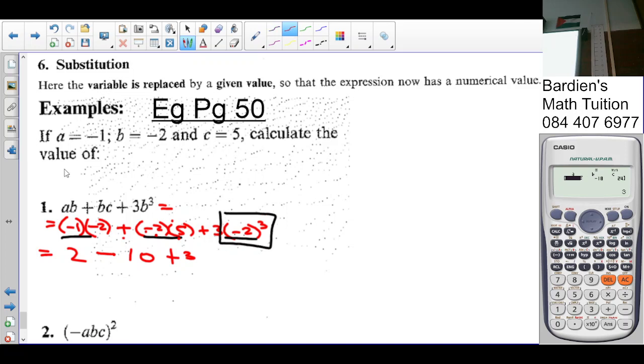So it's going to be 3 multiplied by negative 2 cubed. That means it's 3 times negative 2 times negative 2 times negative 2, which is negative 8. Or you can say negative to an odd exponent will always be negative, and 2 cubed is going to be 8. So what do I have to do first before I do anything else? Get rid of the bracket.